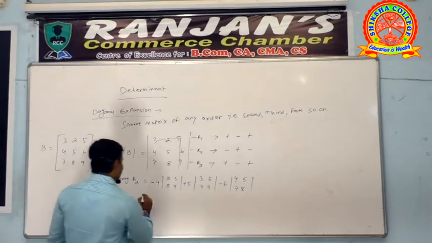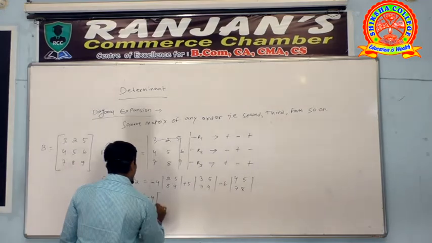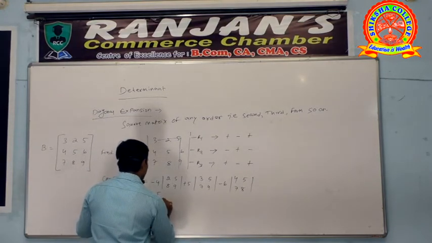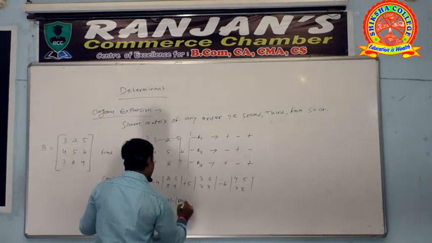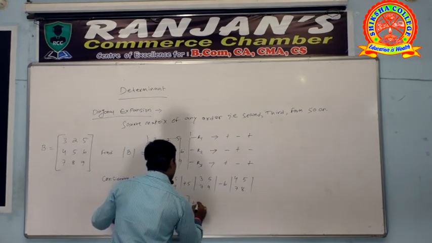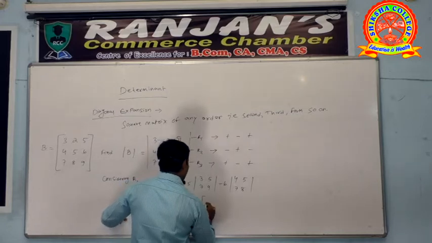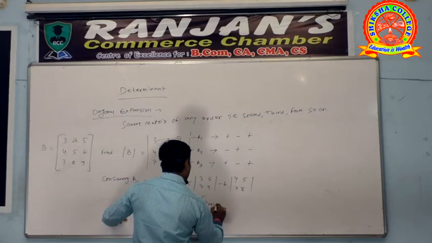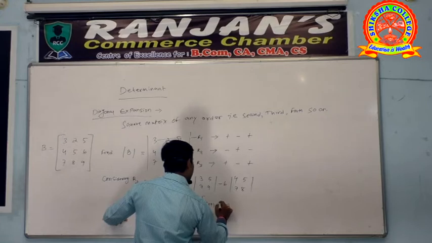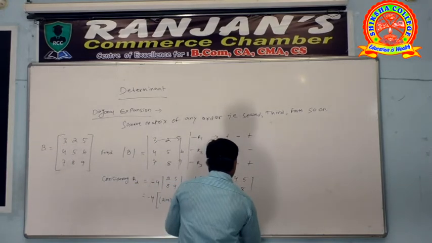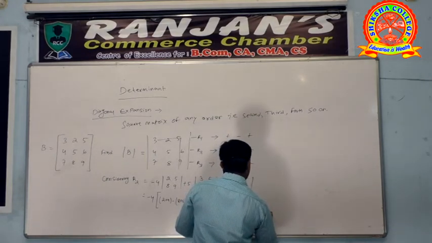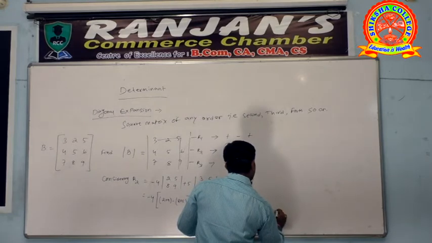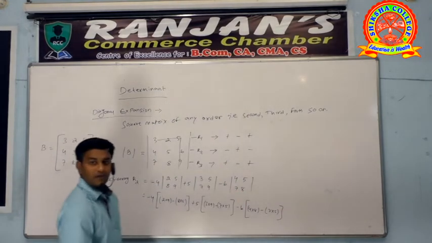Now as usual, the same calculation. Minus 4 into 2 into 9 minus 8 into 5. Plus 5 into 3 into 9 minus 7 into 5. Minus 6 into 4 into 8 minus 7 into 5. Okay?